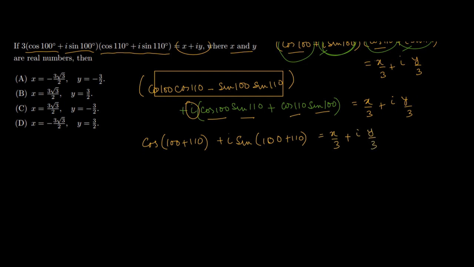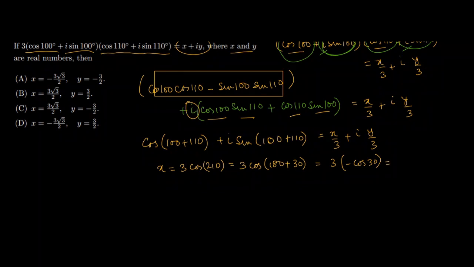So therefore x is equal to thrice cos of 210 or thrice cos 180 plus 30 or thrice minus cos 30, because cos of pi plus theta is minus cos theta.